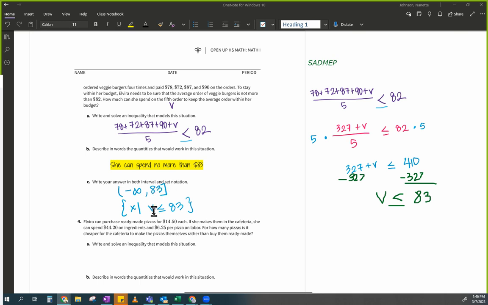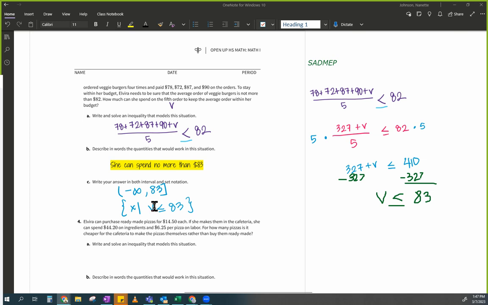What does V represent? Is it veggie burgers or money? Money. Is there such a thing as negative money? Yeah, it's almost like she has a credit. Like, if you don't know what credit is, it's a gift card. The store owes you money, right?